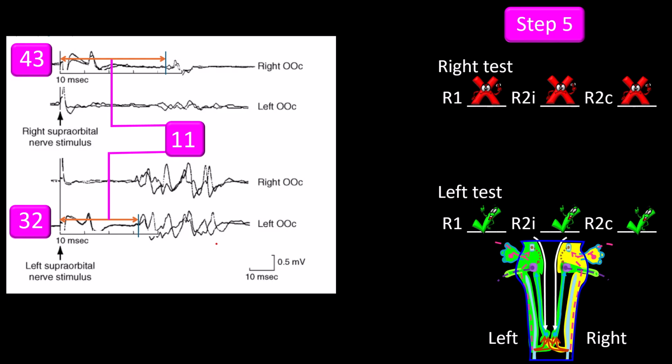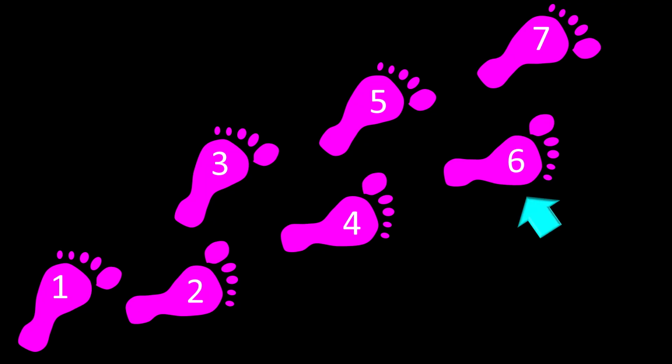On the other hand, the abnormal right R2 ipsilateral further supports a complete right afferent deficit. The most likely single site for the functional lesion producing this defect is the incoming fibers from the trigeminal ganglion, but a trigeminal ganglion lesion or trigeminal nerve lesion are also possible. We have just finished step 5, but since nothing will be gained by step 6, it can be omitted.